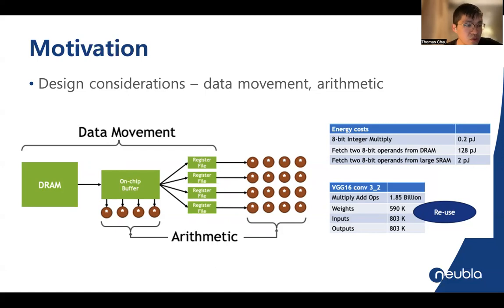For instance, the cost of fetching operands from the storage element is more than 10 times that of the multiply accumulate computation operations. The good news is that the number of computations is 3 orders of magnitude larger than the number of operands. In other words, we can fetch an operand once and perform a large number of arithmetic operations on it. This gives us the opportunity to exploit data reuse.